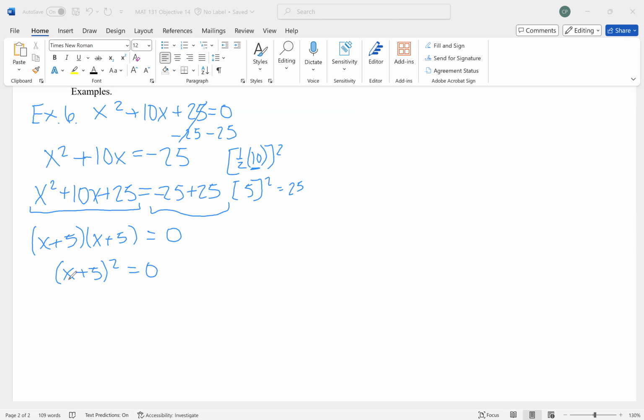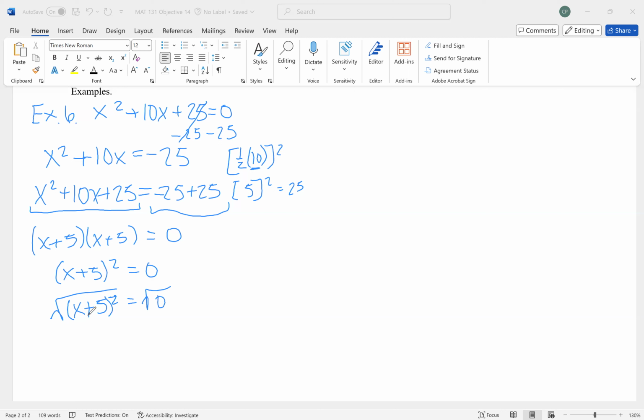It needs to be like this, so that you can kind of get the picture of us taking the square root of both sides. Okay, so even if you do it like that, go ahead and rewrite it as a binomial squared so that you can take the square root of both sides. Okay, that may help you understand what's going on.